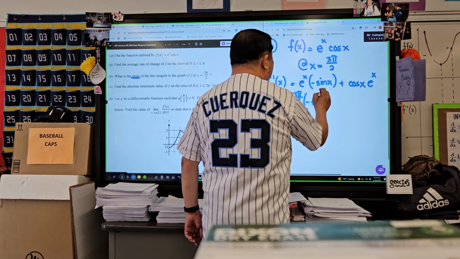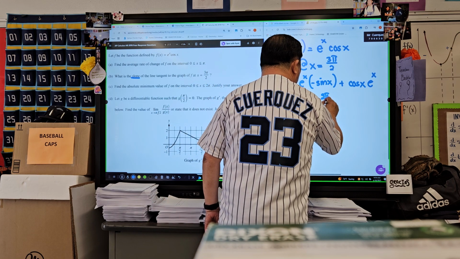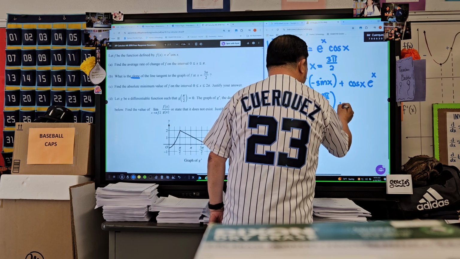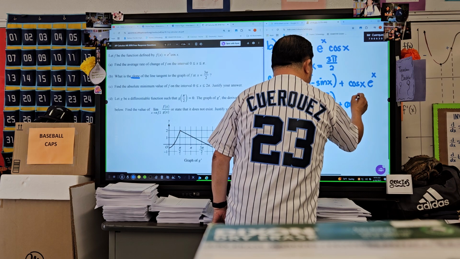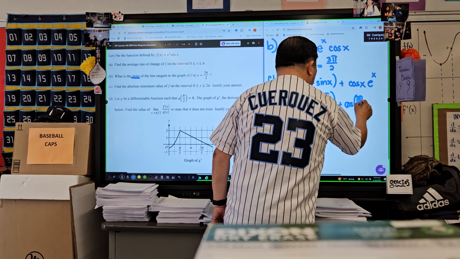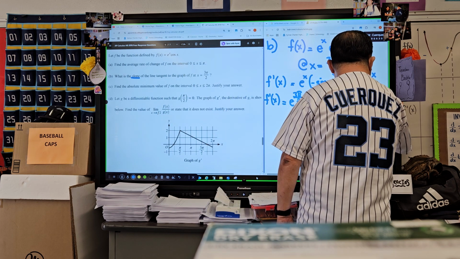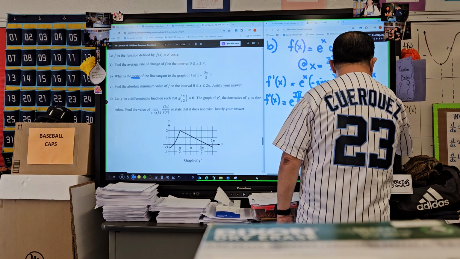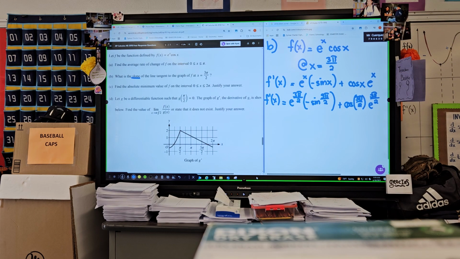So this is e to the power of 3 pi over 2 plus cosine 3 pi over 2, and then e to the power of 3 pi over 2.